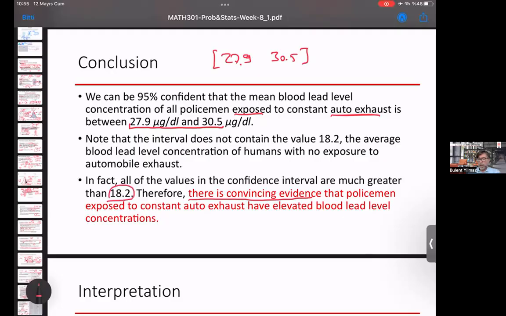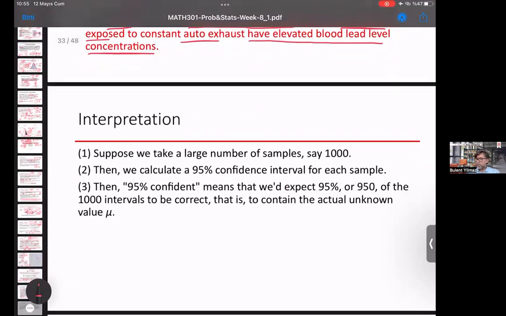So I have convincing evidence that the policemen who are exposed to constant auto exhaust have elevated blood lead level concentrations. Okay, I can do this for cancer patients. I can do this for different types of things.